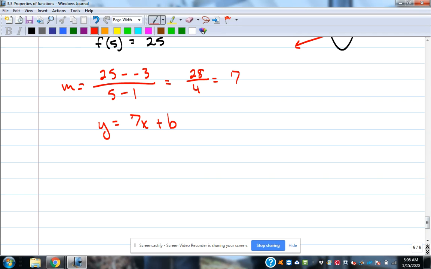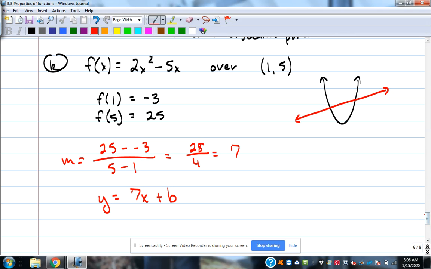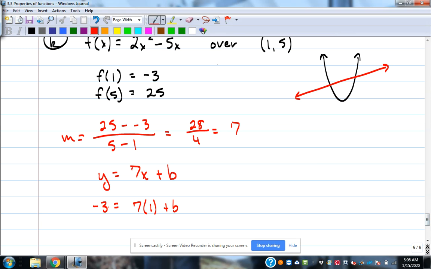Plug in a point. Pick one of those two to plug in. It doesn't matter which one. I'm going to plug in the 1, -3, and then solve that equation for the y-intercept.